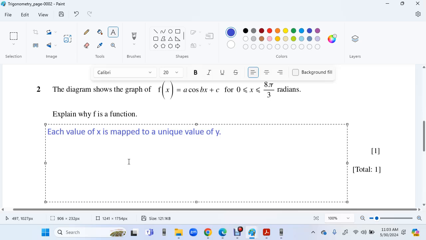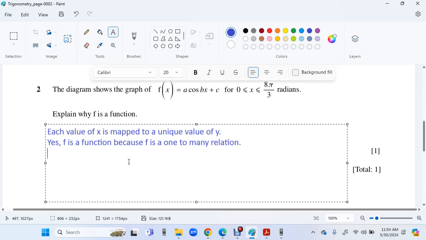Or for me, if I didn't look at the answer scheme, I will say that yes, f is a function because f is a many-to-one relation.